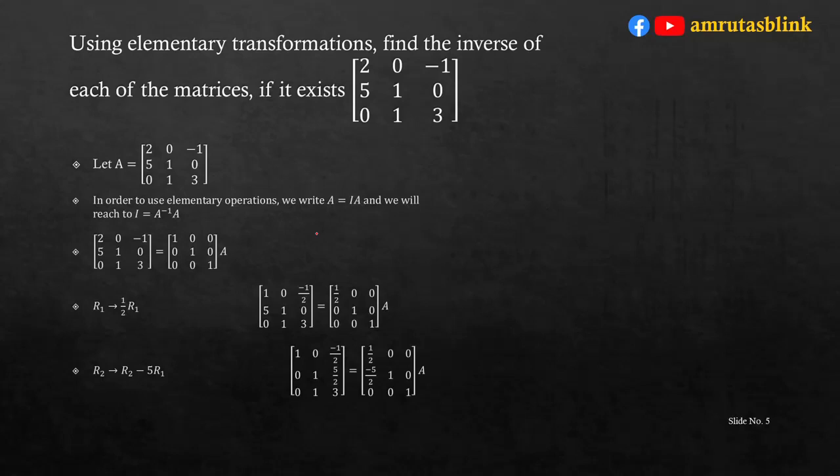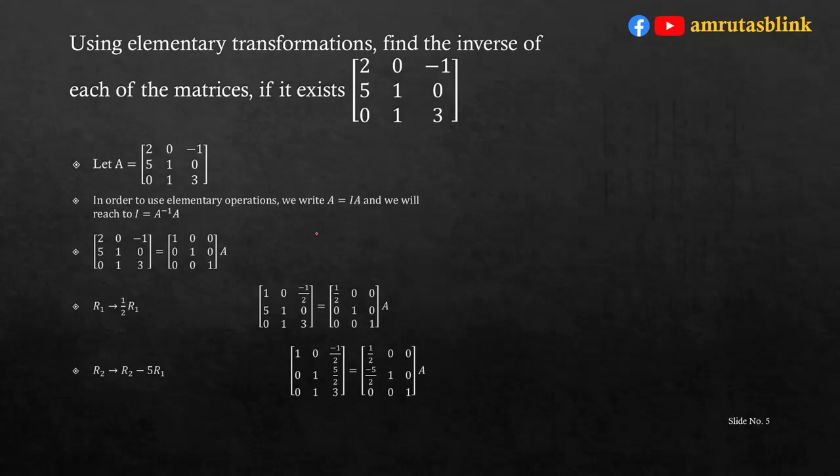Now if you observe the second row, the second row first column is equal to 5. Now here what we want is it should be 0. So if I multiply row 1 by 5 and subtract it from R2, I should get 0. So R1 as it is, 1, 0, minus 1 by 2.